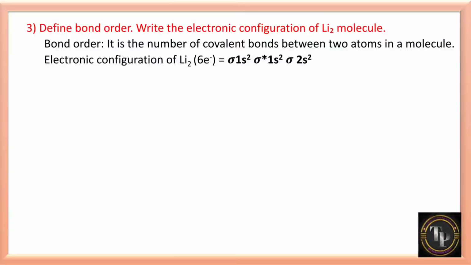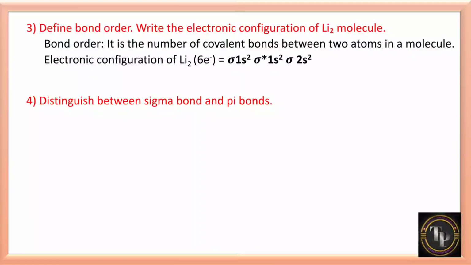And electronic configuration of Li2: one lithium is having 3 electrons, 2 lithiums are having 6 electrons. So therefore the electronic configuration can be written as sigma 1s2, sigma star 1s2, sigma 2s2. What are this sigma and pi? These are called bonds. Sigma is bonding molecular orbital, sigma star is anti-bonding molecular orbital.